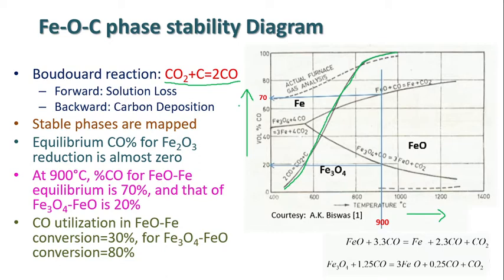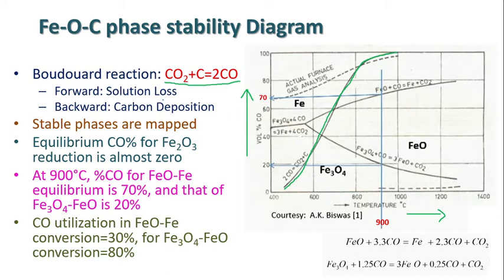We can see the CO line with the negative slope. We have seen this in the Ellingham diagram, which indicates that when temperature increases, CO becomes more and more stable, and the Boudouard reaction shifts towards the forward direction.